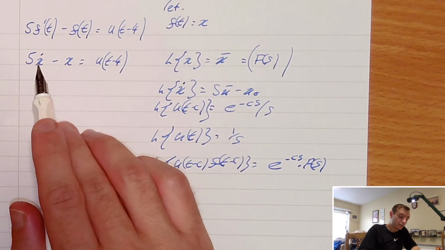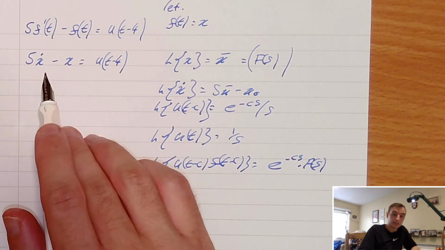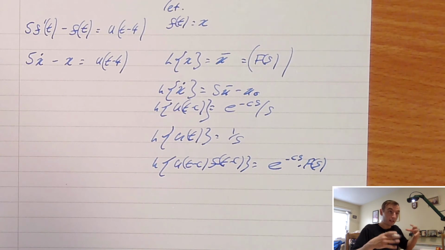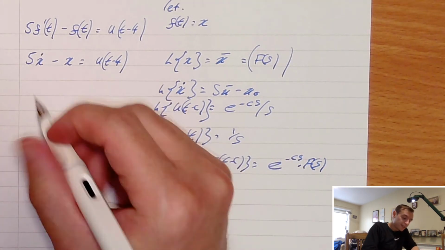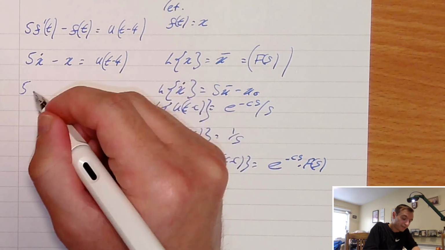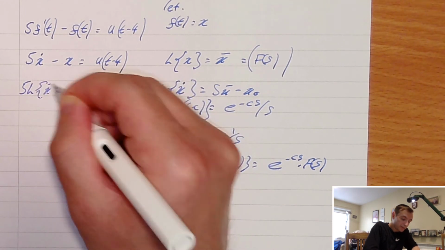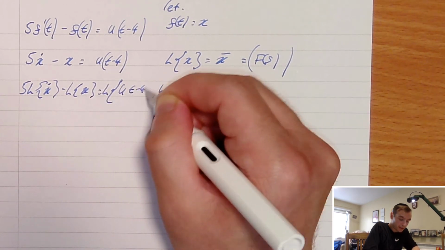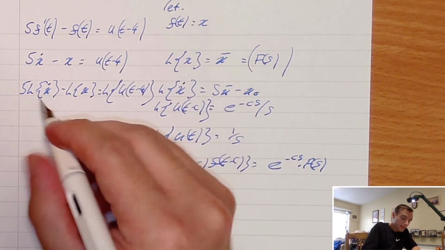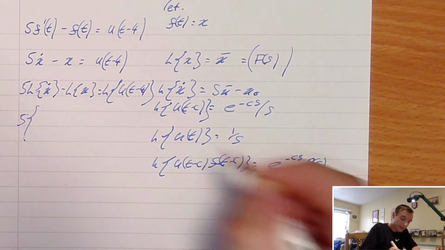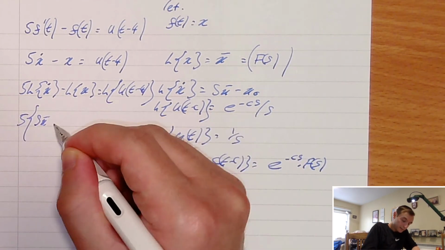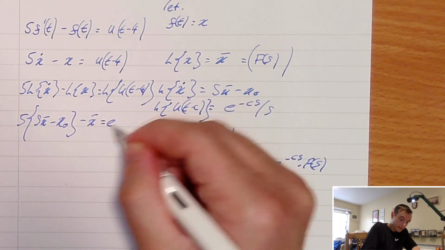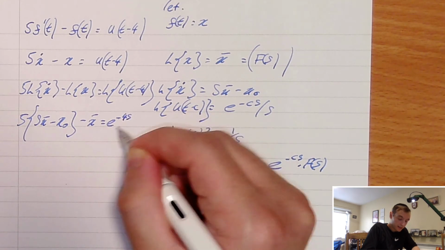So let's take the Laplace transform of the left-hand side and the right-hand side. Exploiting the principle of linearity immediately, the Laplace transform of everything on the left-hand side is the Laplace transform of all the individual components. So that's equal to 5 times the Laplace transform of x dot minus the Laplace transform of x equals the Laplace transform of u(t-4). That is 5(s x bar - x naught) - x bar = e^(-4s)/s.